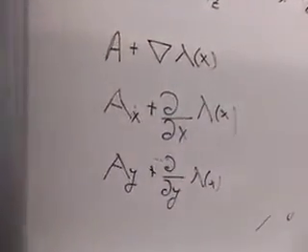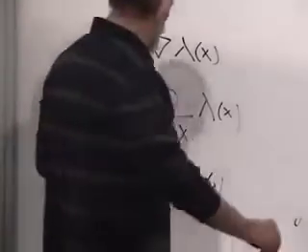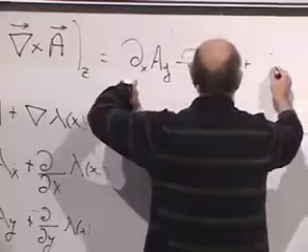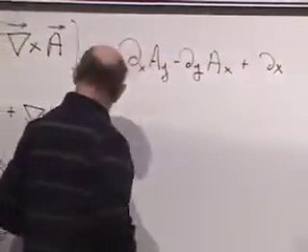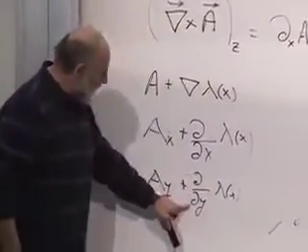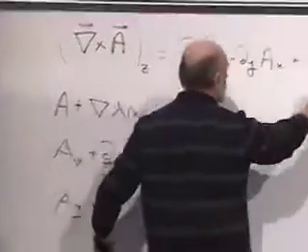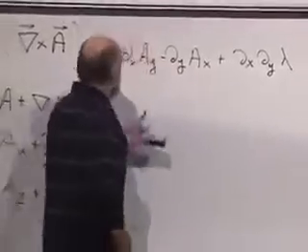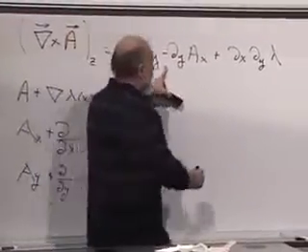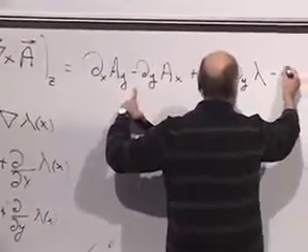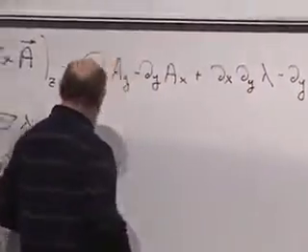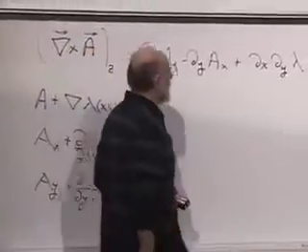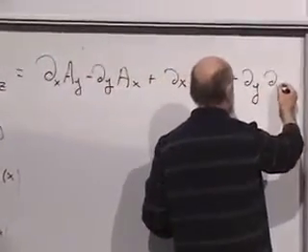What happens to the curl? The curl gets another piece. It gets a plus derivative with respect to x of the new term in A_y. The new term in A_y is d by dy of lambda. But then we have to correct this term: minus d by dy of the new term in A_x. The new term in A_x is the derivative with respect to x of lambda.